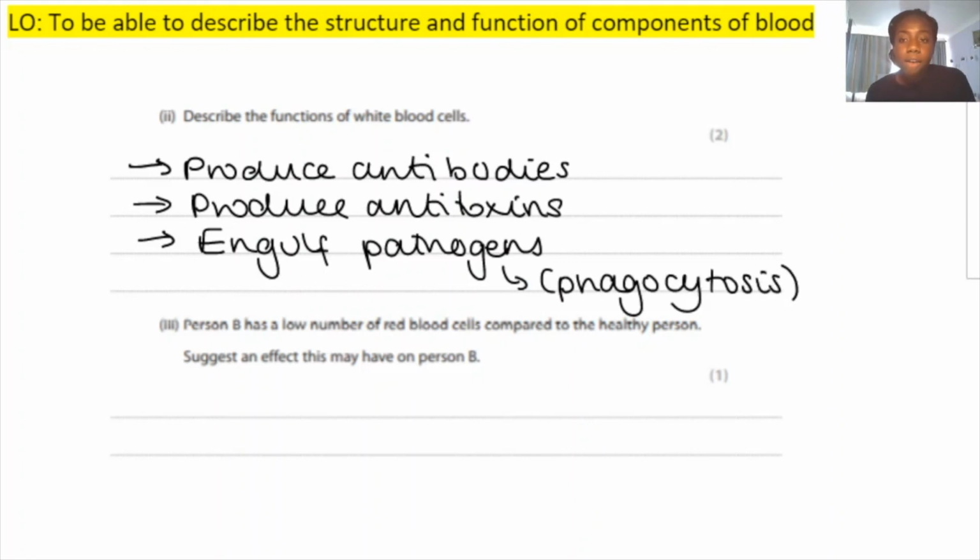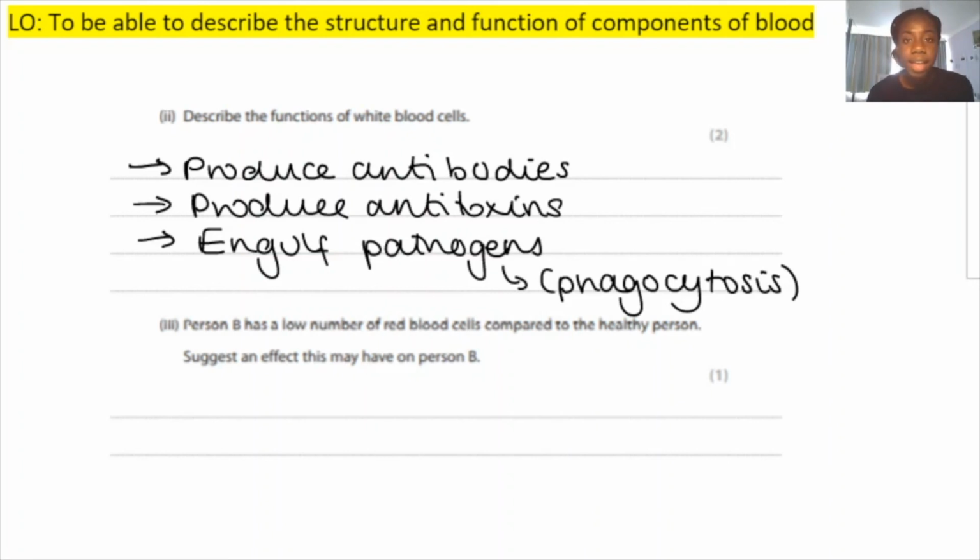The second part of the question is, person B has a low number of red blood cells compared to the healthy person. Suggest an effect that this may have on person B. So for this question, we need to look at what the function of red blood cells are again. So we know they're used to transport oxygen around the body.